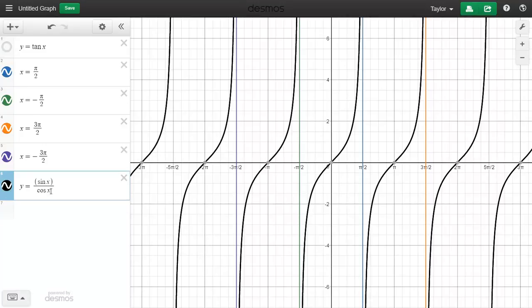Think about your unit circle. Cosine of x is equal to 0 at pi over 2, at 3 pi over 2, at negative 3 pi over 2, at negative pi over 2, and so forth. So you can think about tangent as sine over cosine and also reach the exact same conclusion. Okay?